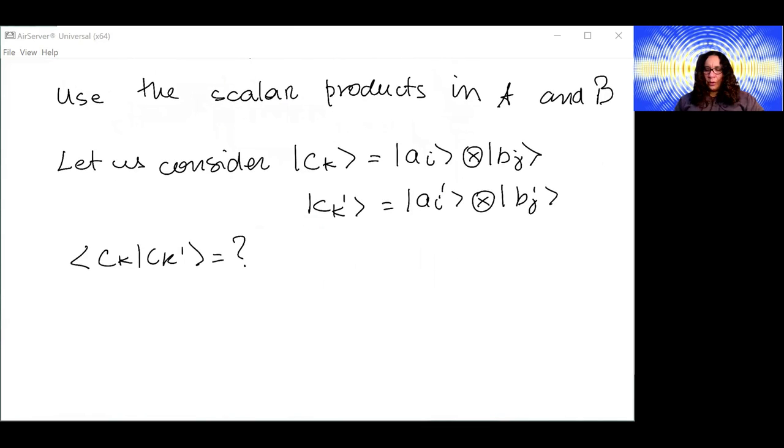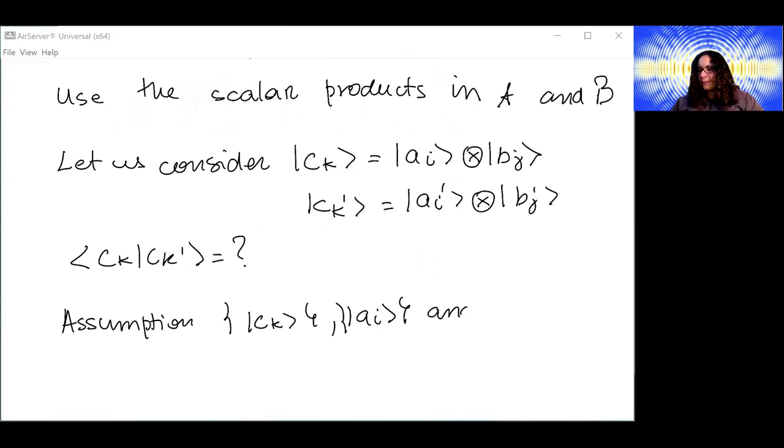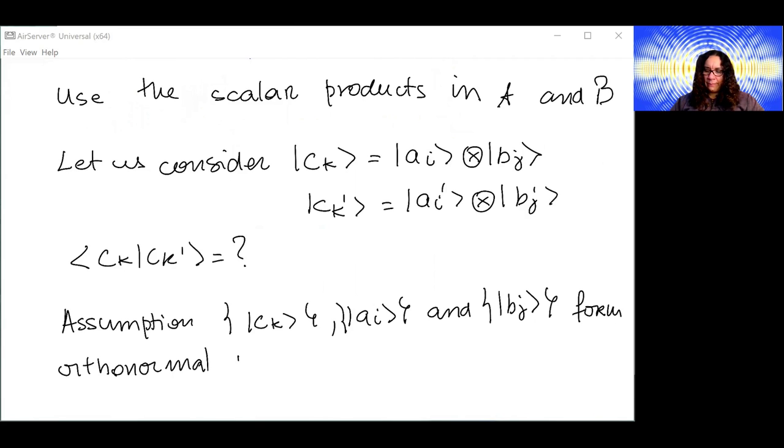Now, we assume here that CK, AI and BJ, all of them, form orthonormal bases.